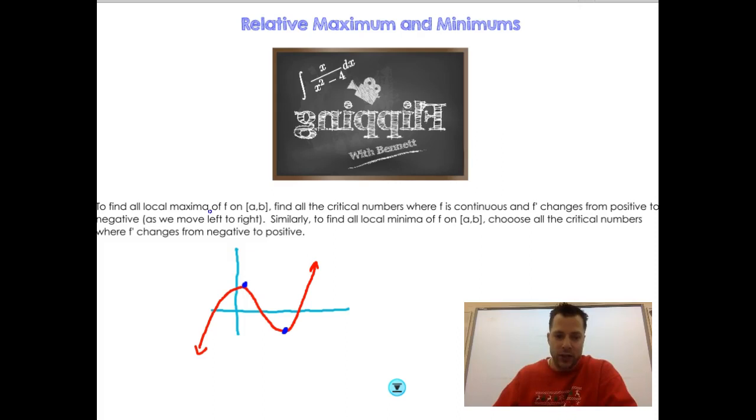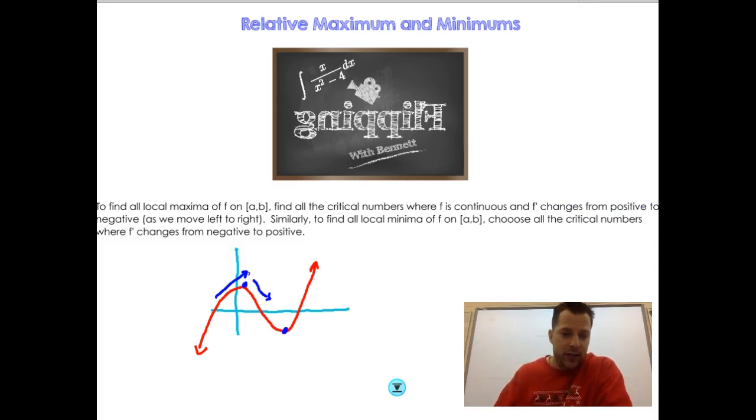And the reason we can do that is you look at the tangent line going this way and the tangent line going this way. If we look to find the local max, which is this point right here, on your function f, find all the critical numbers where f is continuous and f prime changes from positive to negative.